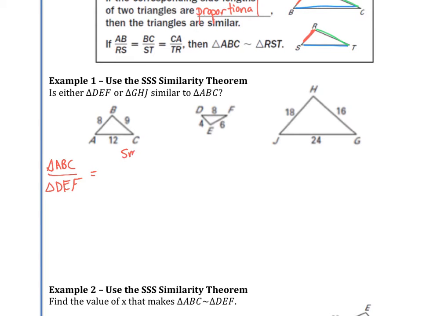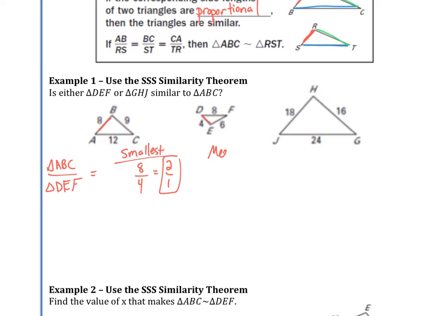The smallest side in ABC is 8, and the smallest side in DEF is 4. So 8 over 4 is equal to 2 over 1.